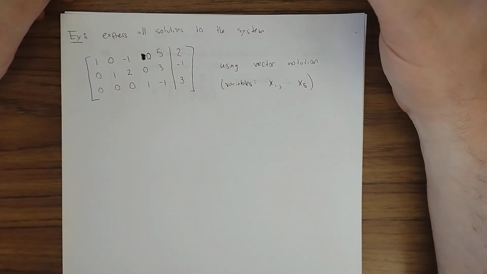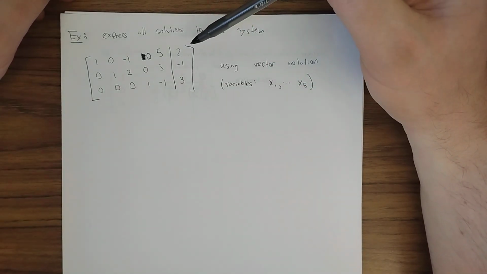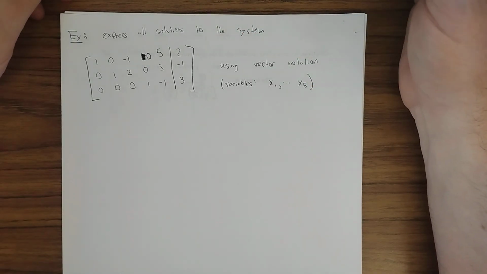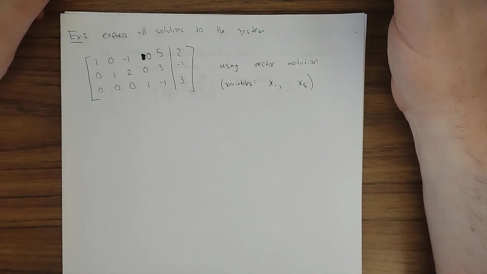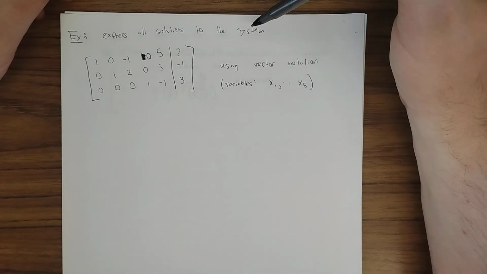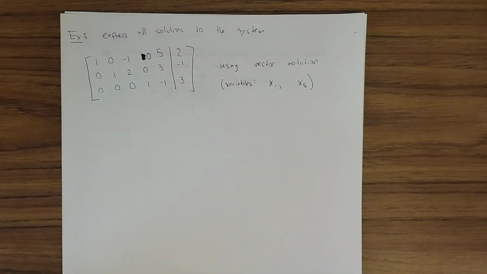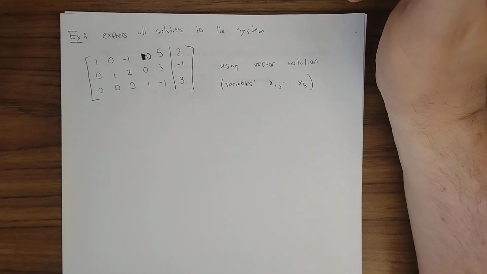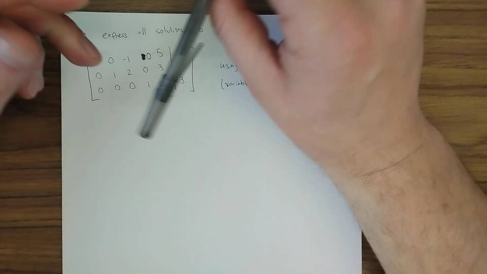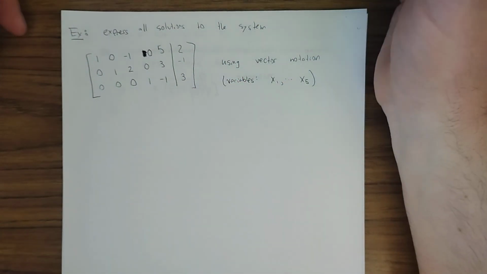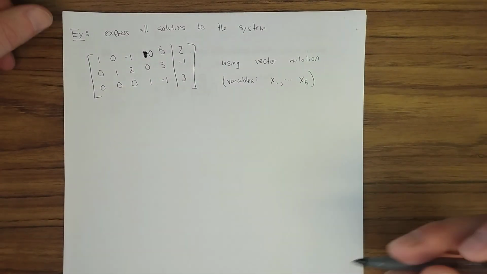So here's an example, and we use it to illustrate something. We have a matrix that's telling us a system of linear equations, and we're going to express the solution using vector notation. I didn't want this to turn into a lot of unnecessary work, so I gave us a matrix where the system is already in echelon form, right?